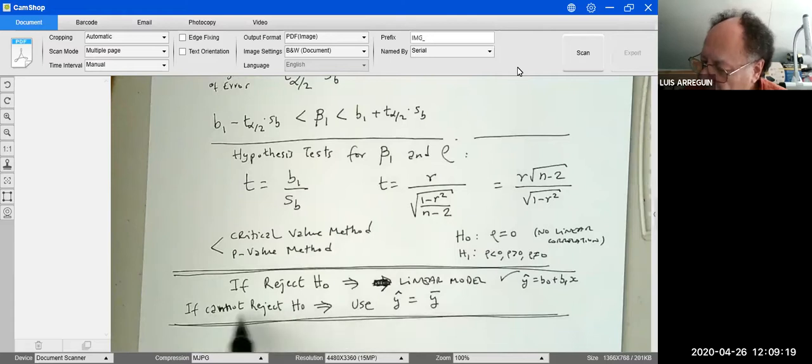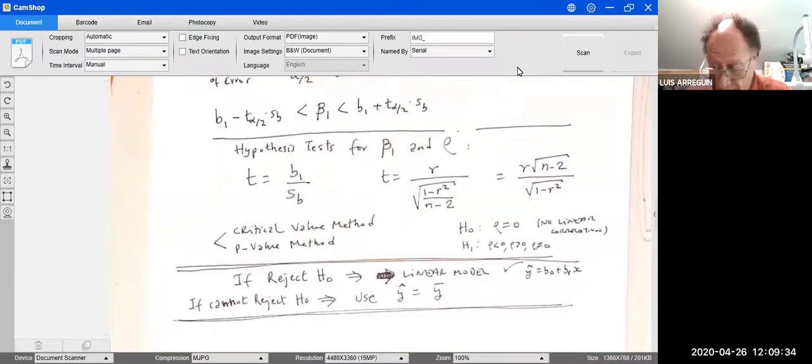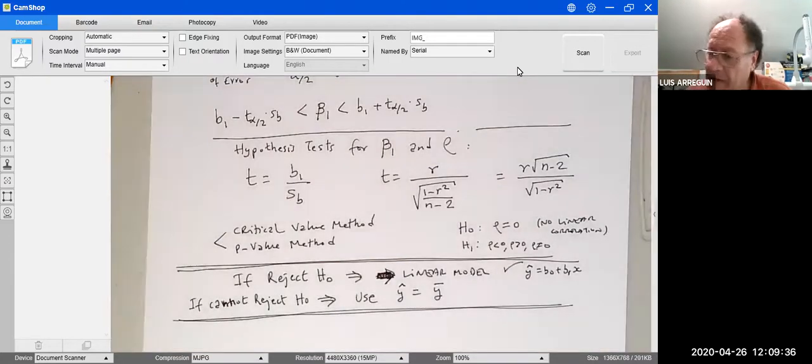Otherwise, if you cannot reject the null, then you are not able to use the linear model. You can just use the mean of the y's as the way for you to predict the response. So that's a summary of the many tables and formulas that you have in section 13.1. So we're going to start solving some problems.